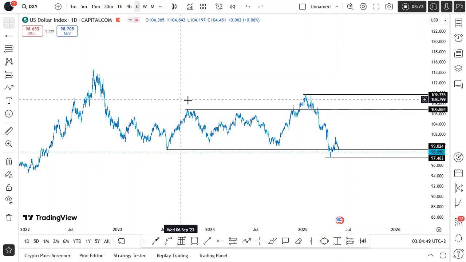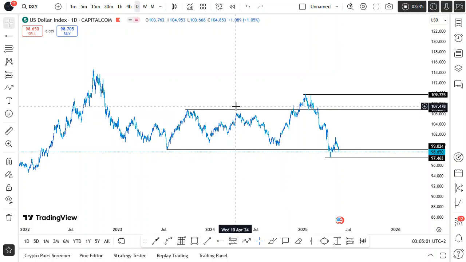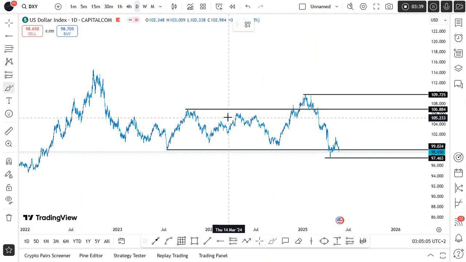I can see that this was the high value area. Why am I saying so? Because it was a current higher high and it failed to break here. The first time the market came here, it failed to break.